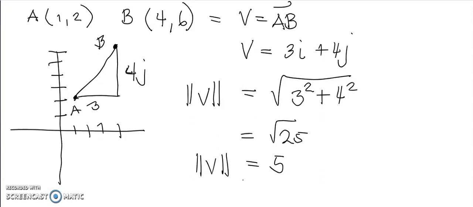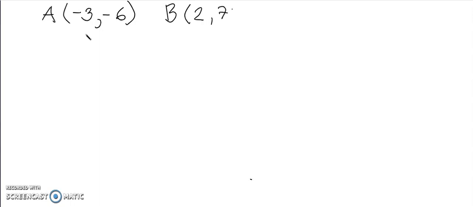Okay, next example. For example, point A is at negative 3 and negative 6. Point B is at 2 and 7. Find the vector AB. Without using the graph, we can solve for the vector AB.